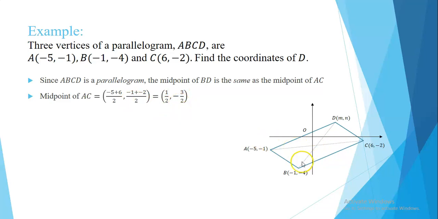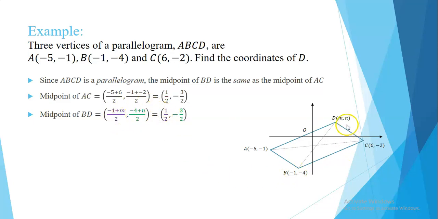That midpoint is the same midpoint between B and D, so we can make two equations from this information. If we got the midpoint of BD, we would take -1 plus m divided by 2, and we already know the x coordinate of the midpoint is a half, so these purple values are equal.